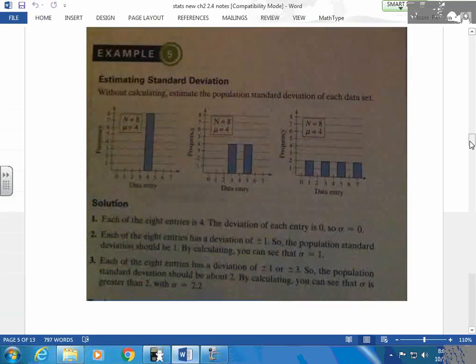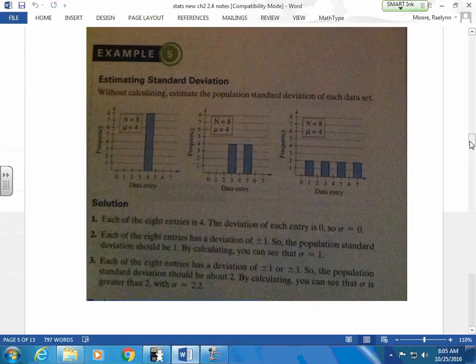So for this example, without calculating, estimate the population standard deviation. They're all here. My n is 8, it means I had 8 entries. There's your frequency, 8. My mean is 4. This is my population. Everybody sits right here. What would my population standard deviation be? 0.